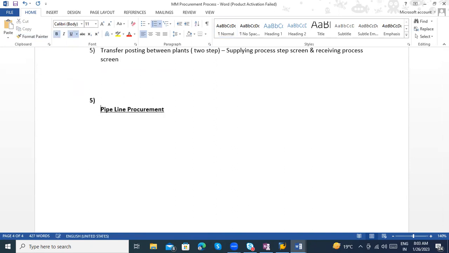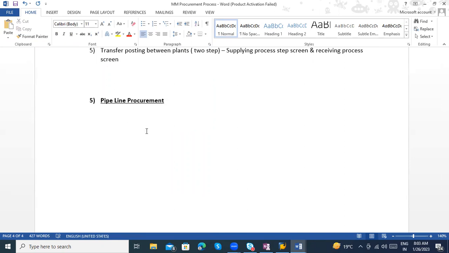Pipeline procurement is about how some products are supplied. The process is that we have direct pipelines from the vendor location to my location.